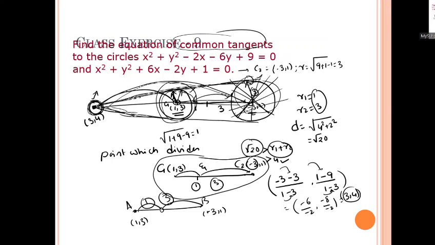So now if you want the common tangent, you don't need to consider both the circles, you just neglect one circle. Take the simpler circle and find the tangents from 3,4 to this circle. These tangents will automatically be the common tangents, right? Is it understood?